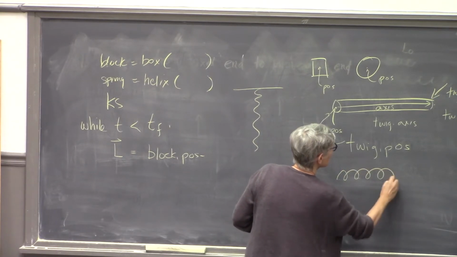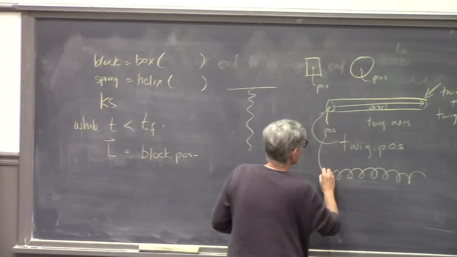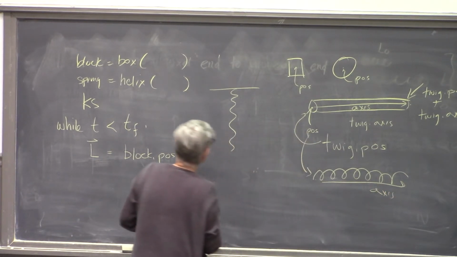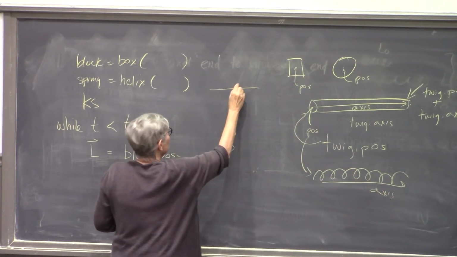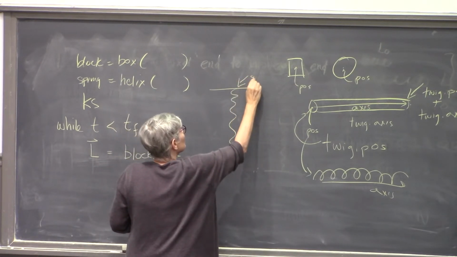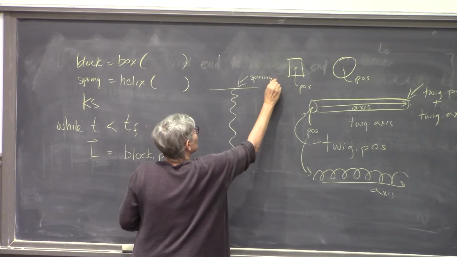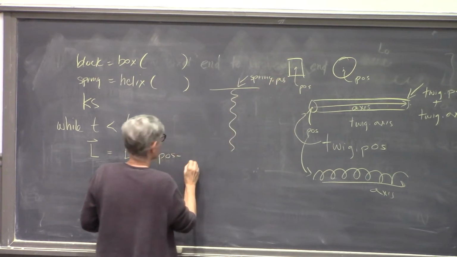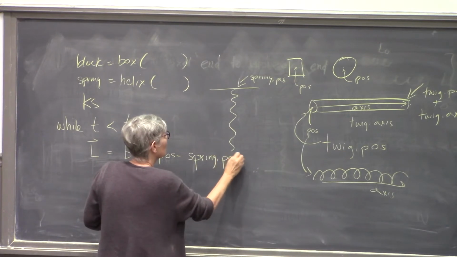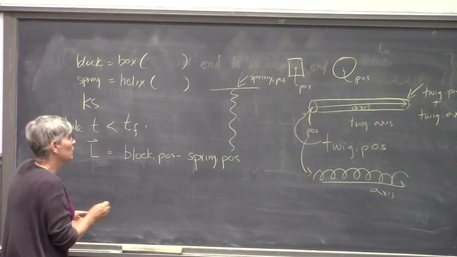So a helix has a position and an axis. So this would be the spring position. So that would be our vector L.